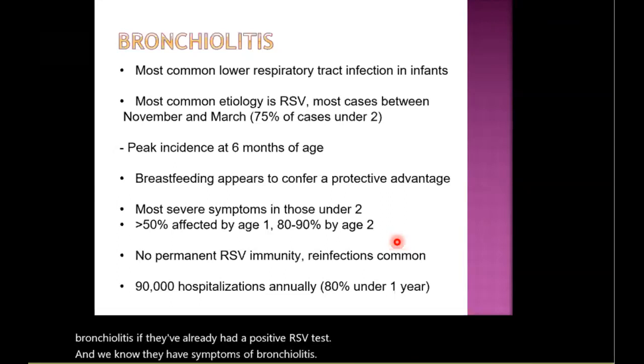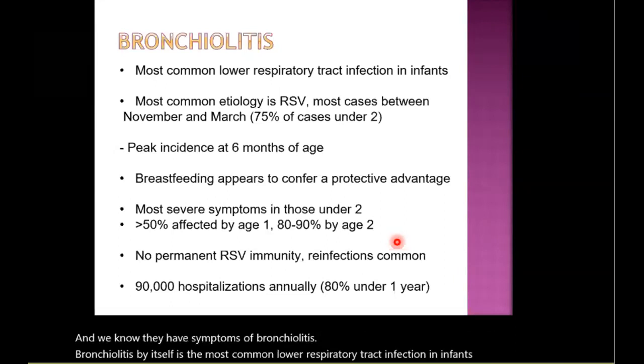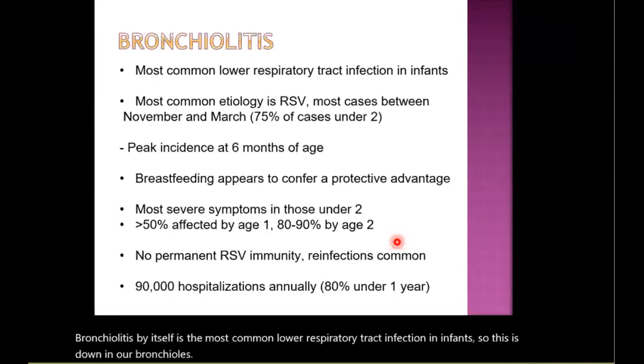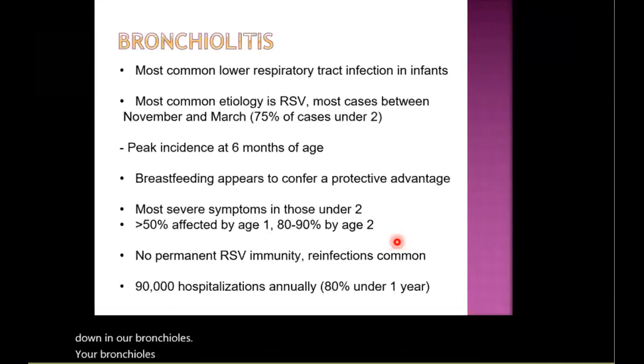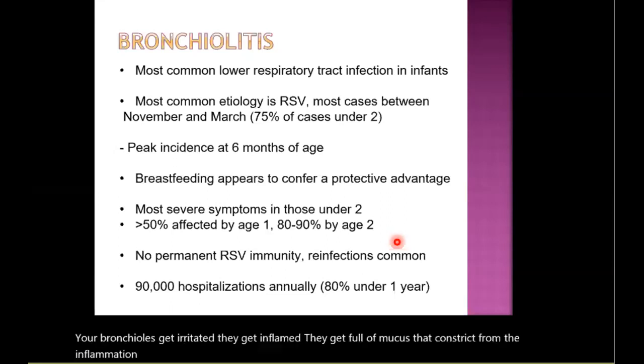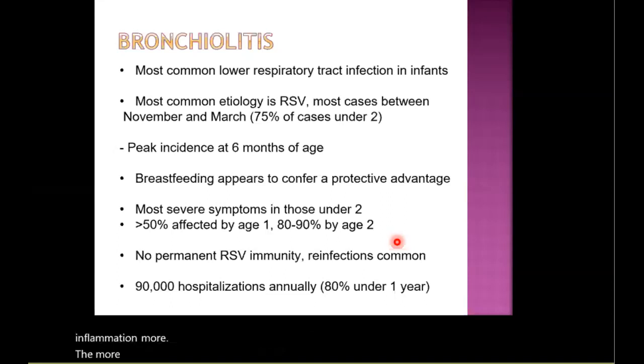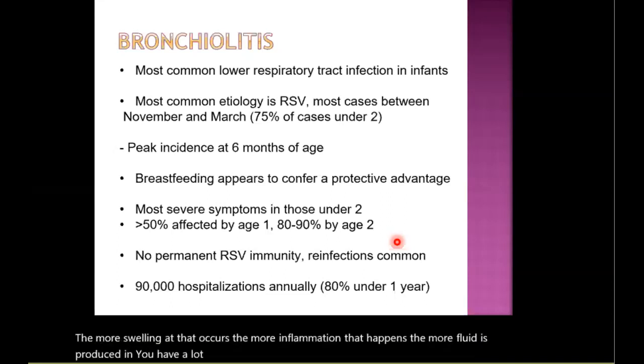Bronchiolitis by itself is the most common lower respiratory tract infection in infants. So this is down in our bronchioles. Your bronchioles get irritated, they get inflamed, they get full of mucus, they constrict from the inflammation. The more swelling that occurs, the more inflammation that happens, the more fluid is produced, and you have a lot of wheezing and things like that due to that constriction.